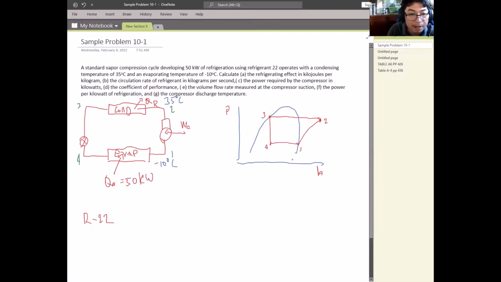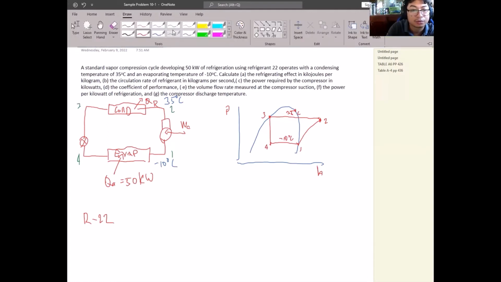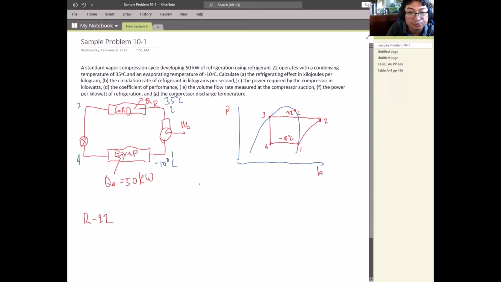We know the temperature is 35 degrees Celsius at this point, and in the evaporator it is negative 10 degrees Celsius. So, solving for the refrigerating effect, RE can be found at the evaporator side, so we will isolate the evaporator.